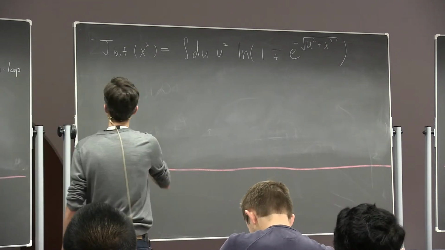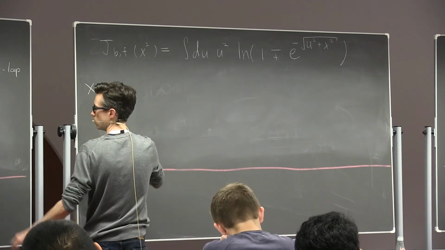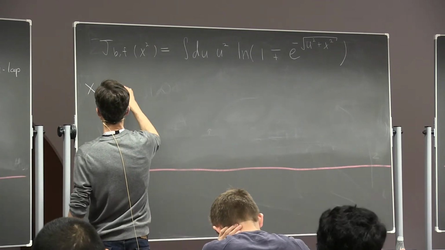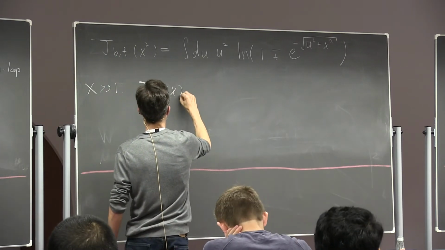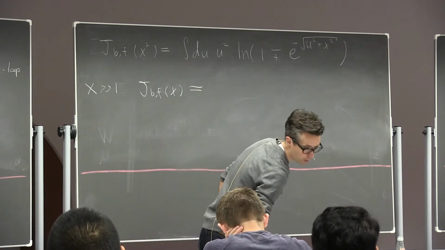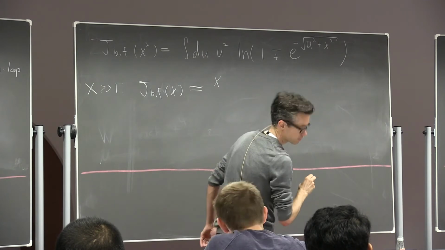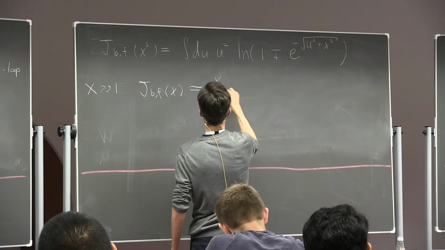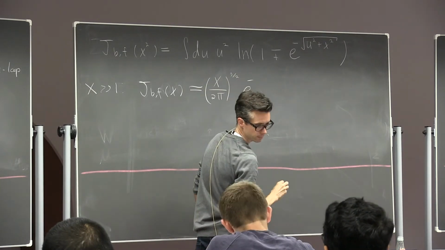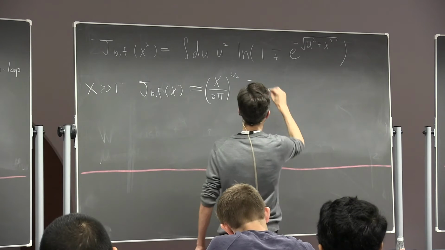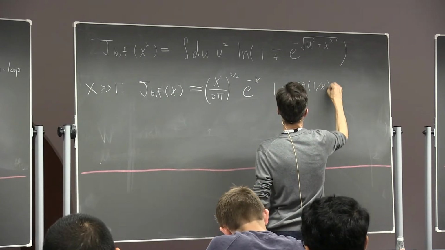First of all, in the limit of low temperatures, corresponding to x much, much bigger than 1, both loop functions take the asymptotic form of x over 2 pi to the 3 halves, e to the minus x, times 1 plus order 1 over x.